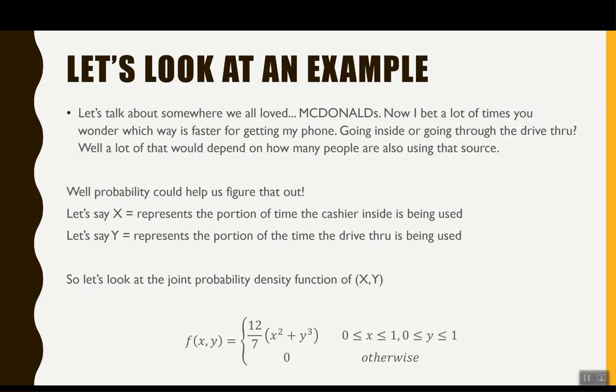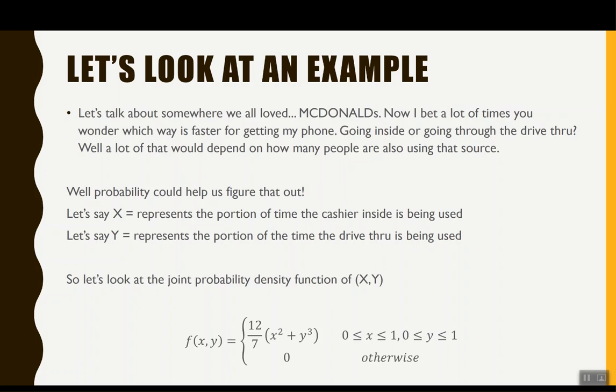Well, that would depend on how many people are also using that avenue. So we could figure out the probability that somebody is using the drive-thru, or the probability that someone is using the cashier. But what we can do is solve for those 2 joint probabilities taking place.